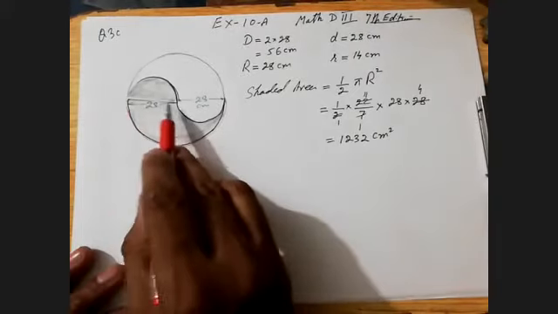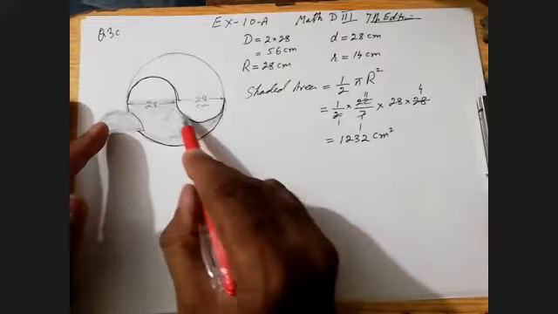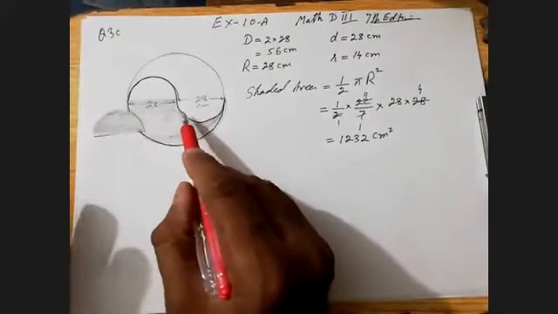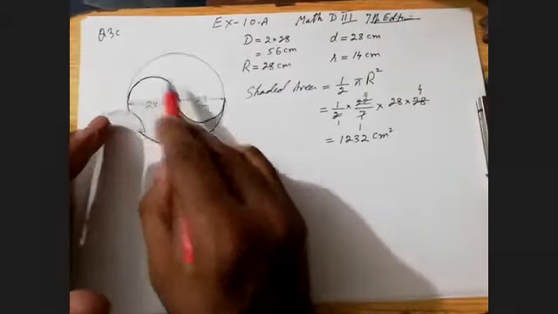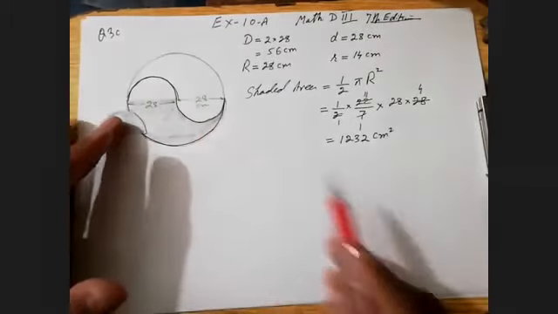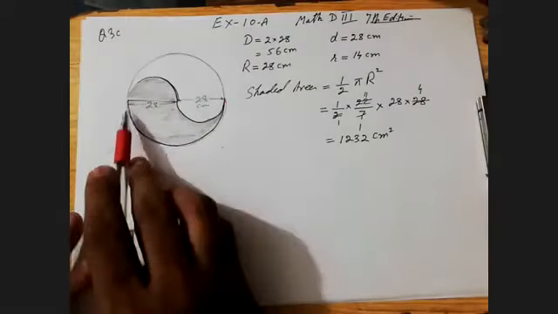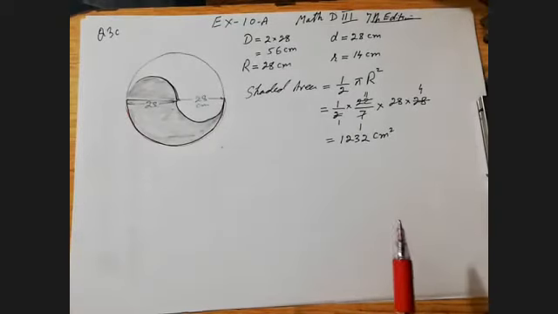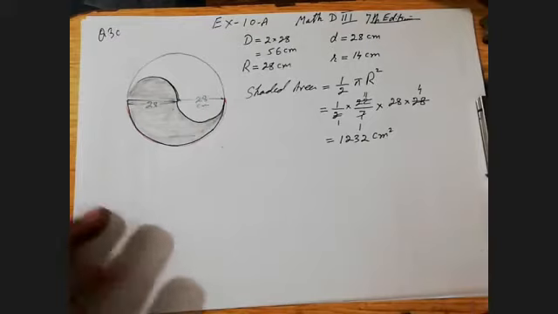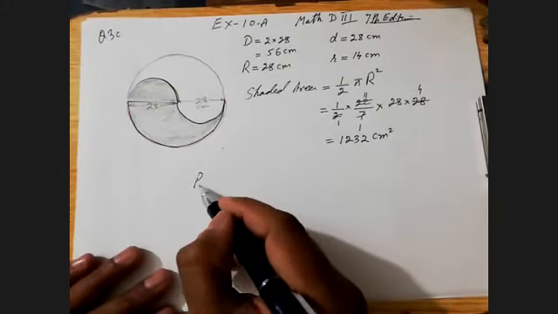And if you are considering these two half semicircles of the small circle, they are also making the full circumference of the small circle, because this half and this half are making the full circumference of the small circle, and the lower half is making the half circumference of the bigger circle. So by adding these two, we can find the perimeter of the shaded region.